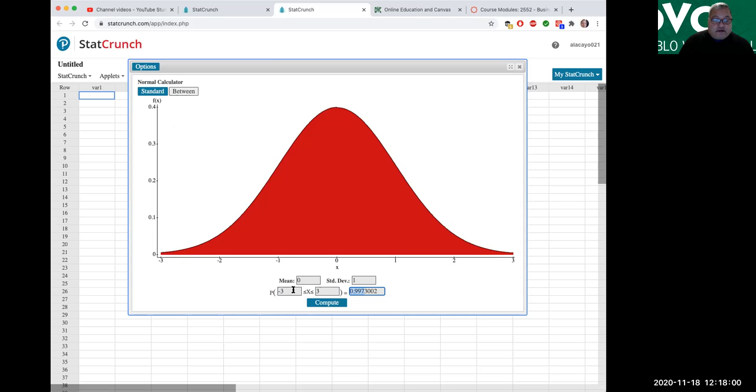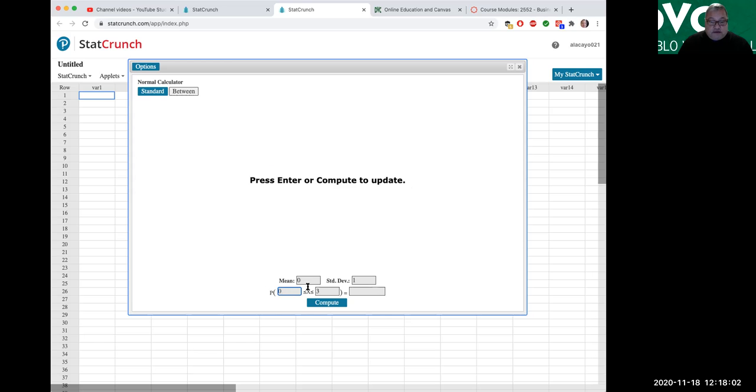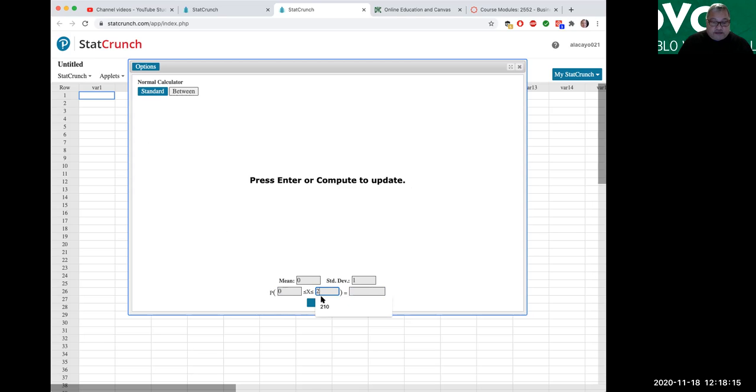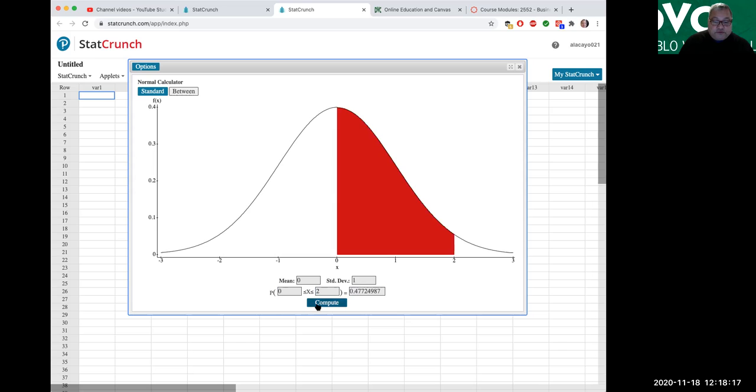In between mode, I could also isolate from the center to the 1 deviation mark, and that's obviously going to be roughly 1/2 of 68%, so it's 34%, due to the symmetry in the model. If I go 2 deviations in 1 direction, I get about 47.7%, which is roughly half of 95%.